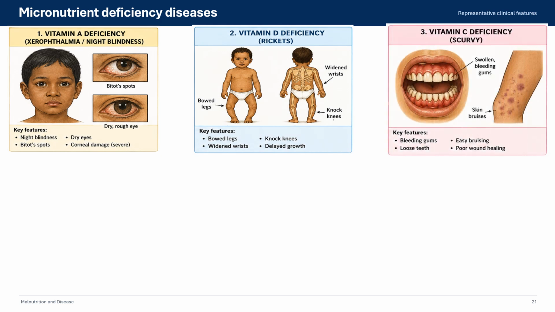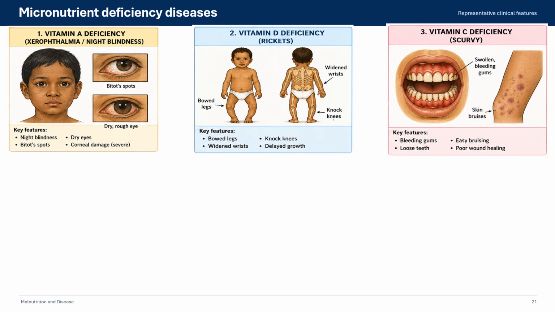Now, the third example is vitamin C deficiency. Vitamin C is essential for immunity, skin integrity, and wound healing. Hence, its deficiency causes scurvy, which is characterized by bleeding gums, easy bruising, losing teeth, fatigue, and poor wound healing.